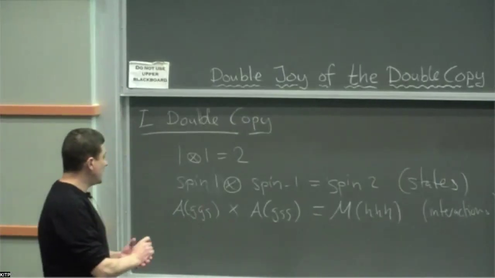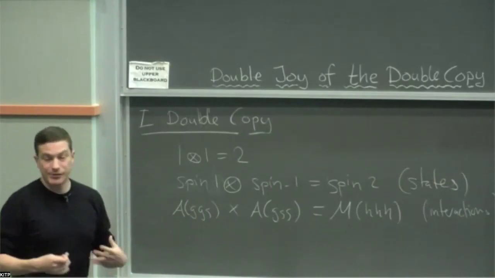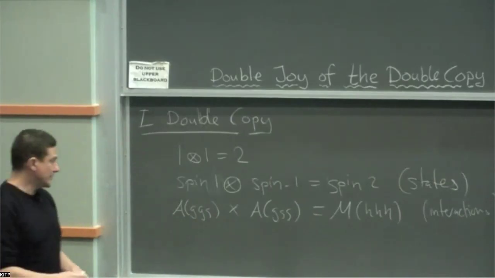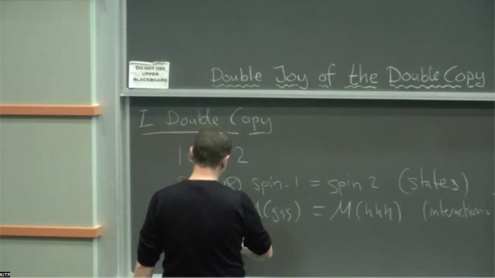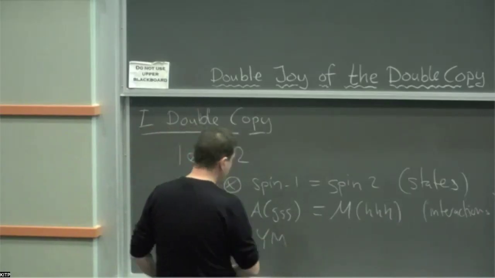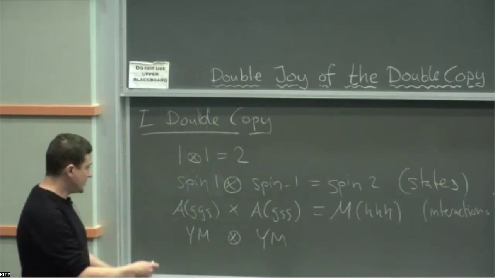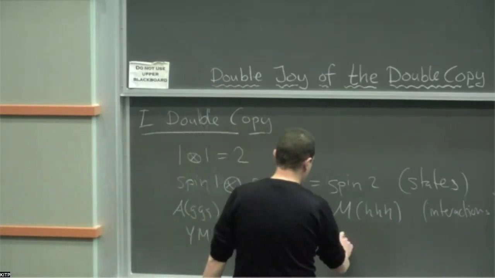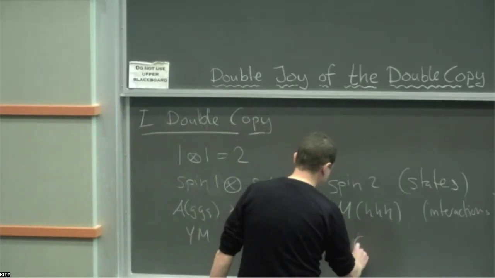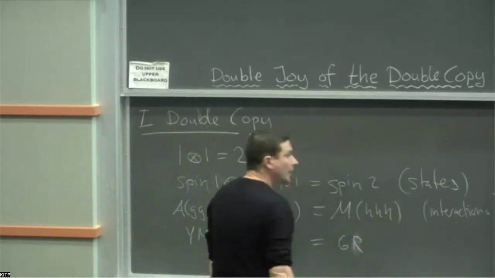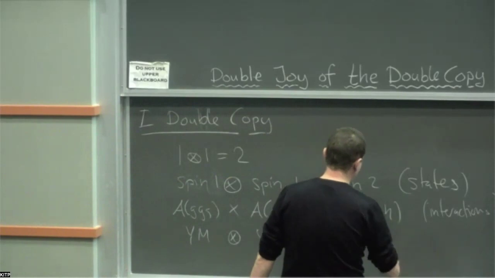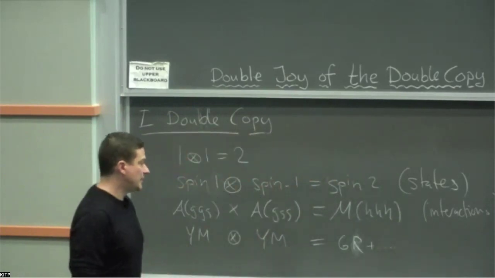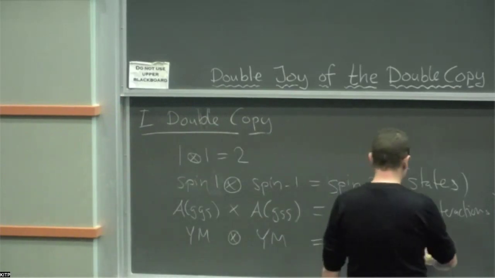Maybe I should just think that there is some relation between the theories, some kind of operation between two copies of Yang-Mills and GR. That's not quite true. There's some other stuff that you might also get, so let me just put a dot here. But basically, this is some relation at the level of theories.